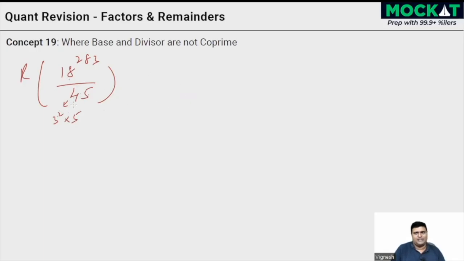What is the remainder when this is divided by 9? Break it into two cases. Remainder of 18 to the power of 283 divided by 3 square is going to be 0. It's perfectly divisible by 9. As it's perfectly divisible by 9, the number can be written in the form 9a. Now, what about 5?